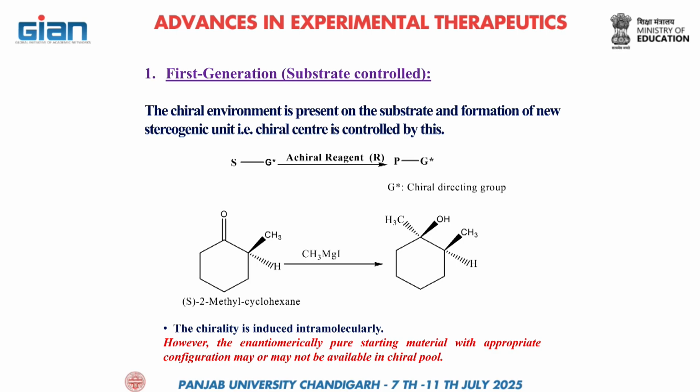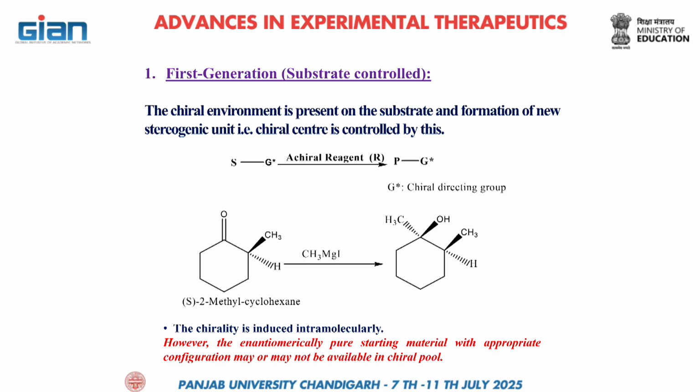Now what is that? The chiral environment is present on the substrate. Can you see in your starting substrate any chiral unit? You have a CH3 and hydrogen. The CH3 is present above the plane and hydrogen is present below the plane. The chiral environment is present on the substrate, and the formation of a new stereogenic unit.